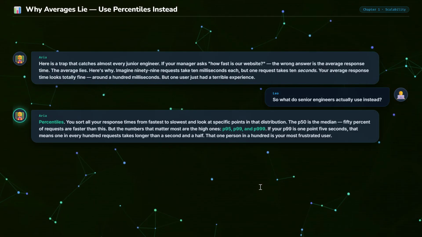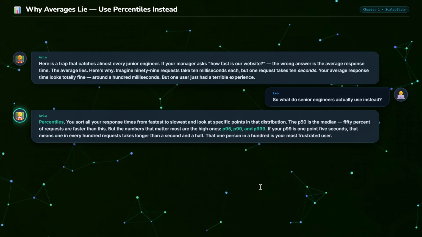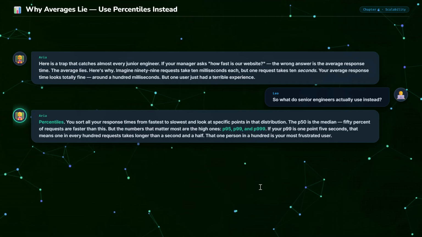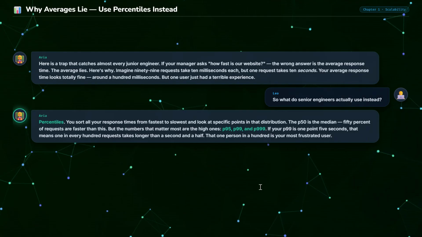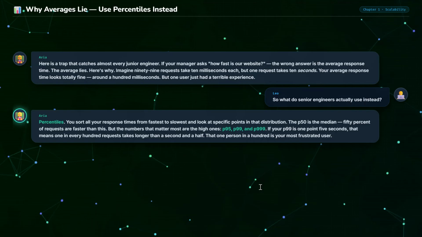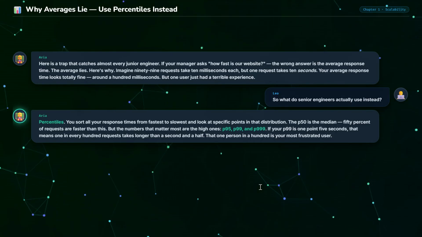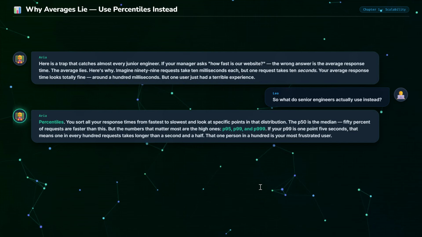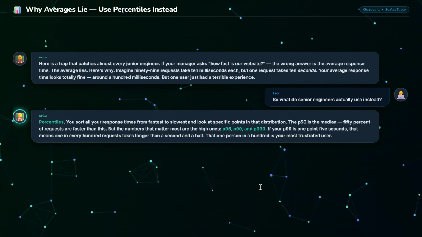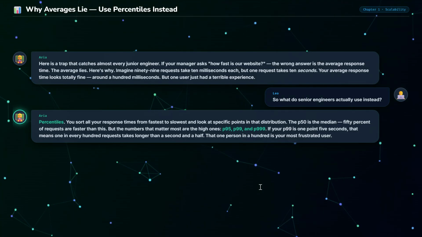But for understanding how bad things can get for real users, you look at P95, P99, and P999, the 95th, 99th, and 99.9th percentile. If your P99 is 1.5 seconds, that means 1 out of every 100 requests is making someone wait more than 1.5 seconds. That is your most frustrated user.